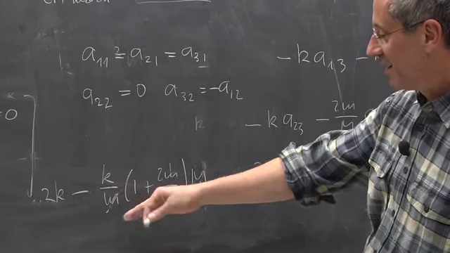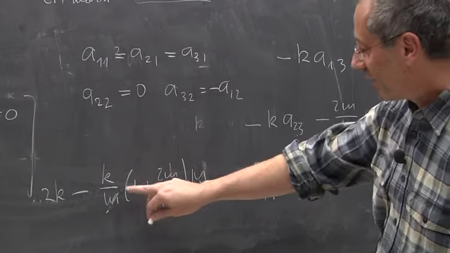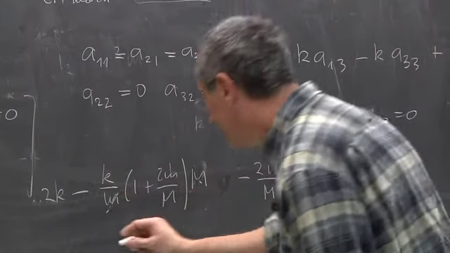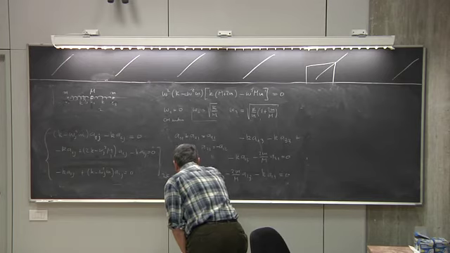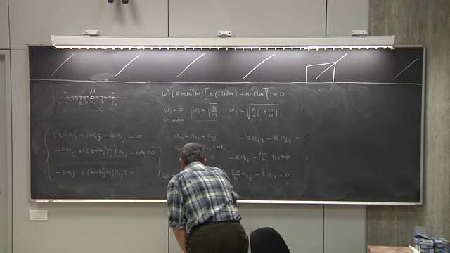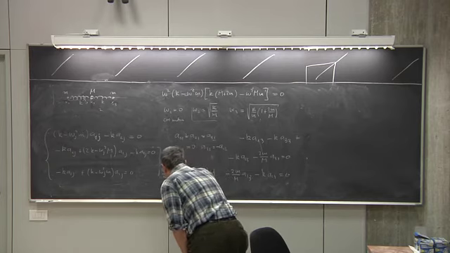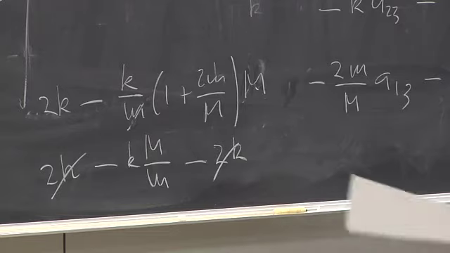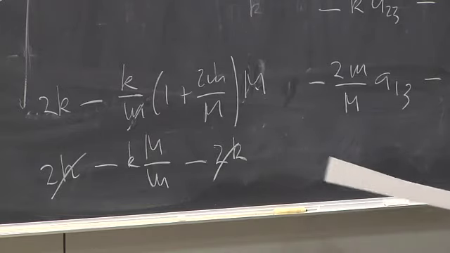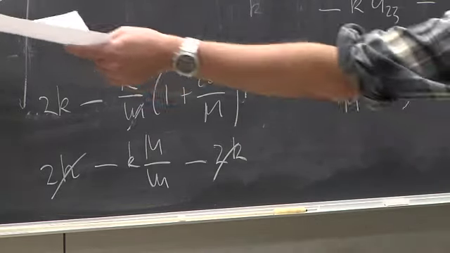We are almost done. So this is minus k big M over m, the first term, minus 2k. Then 2k is gone, so I have just minus k times little m that multiplies this A23.